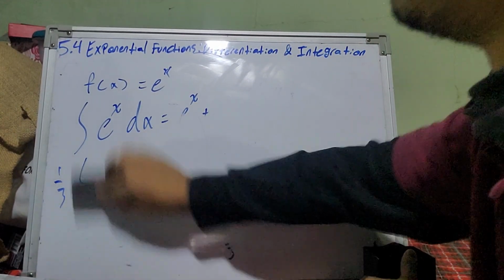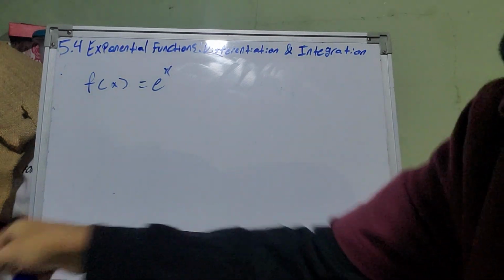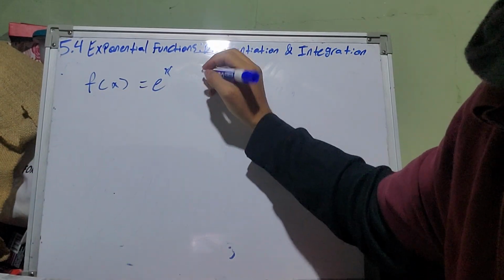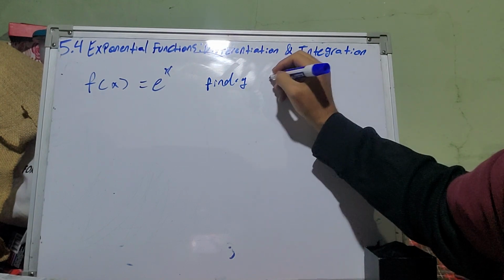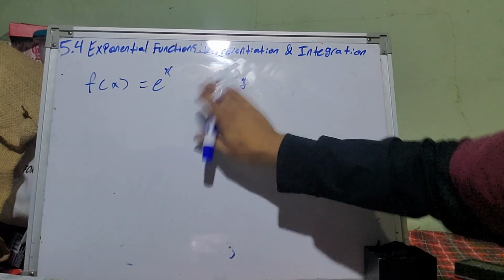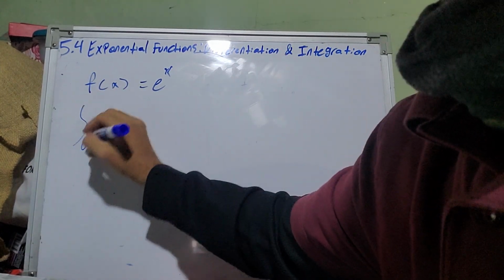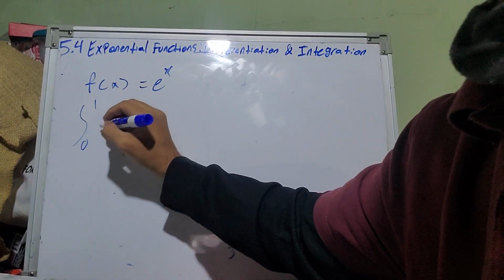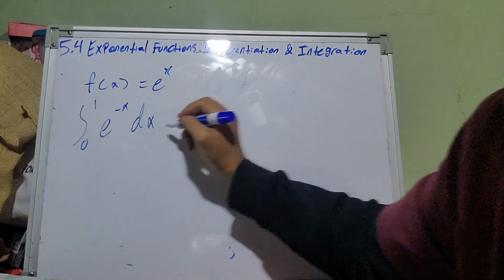One last problem that we can find ourselves presented with is finding areas bounded by exponential functions. We're presented with the definite integral from 0 to 1 of e to the negative x dx.